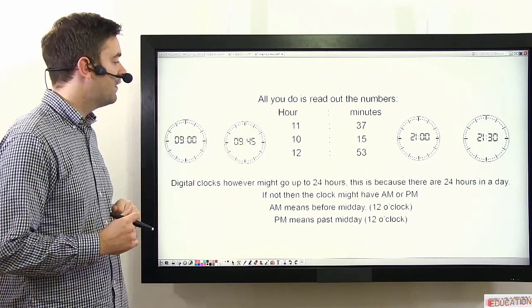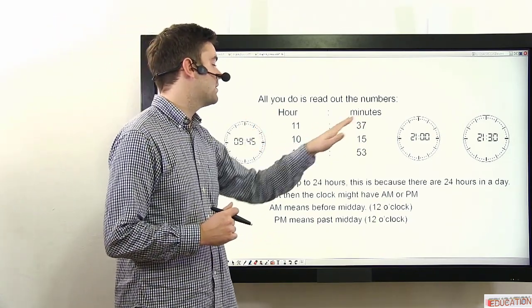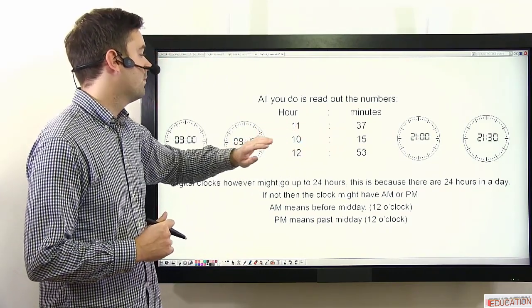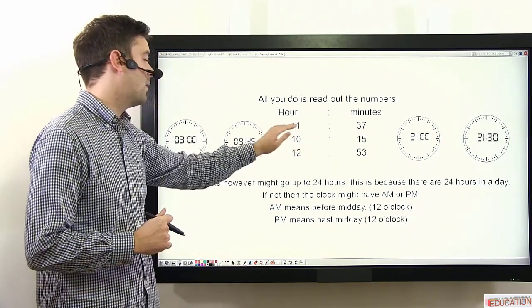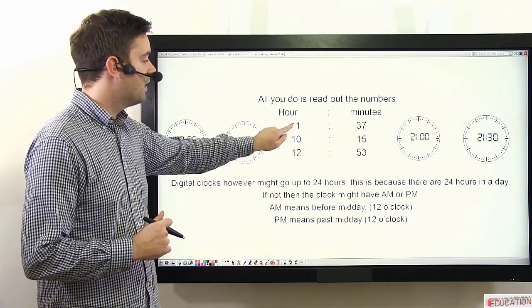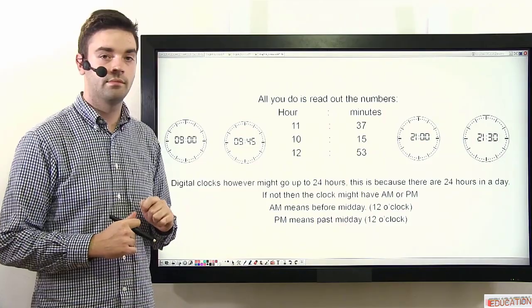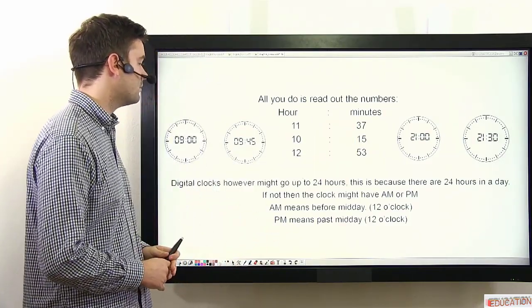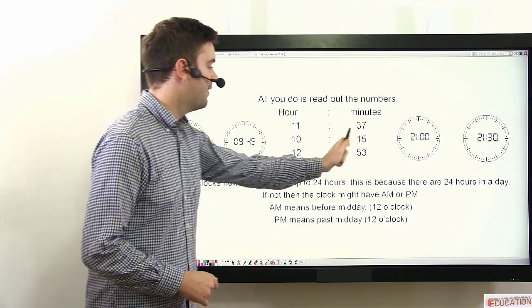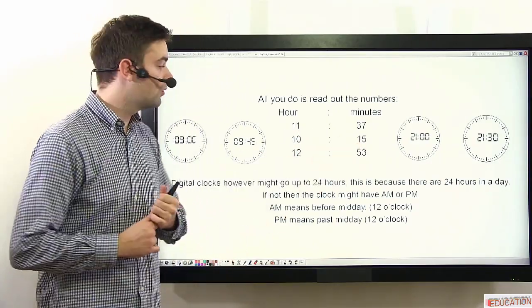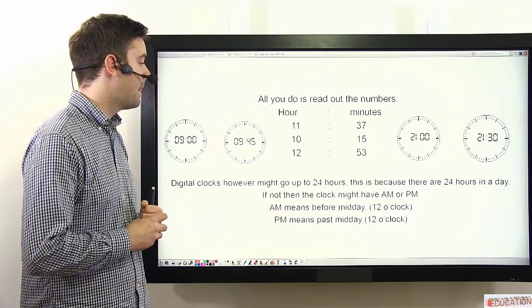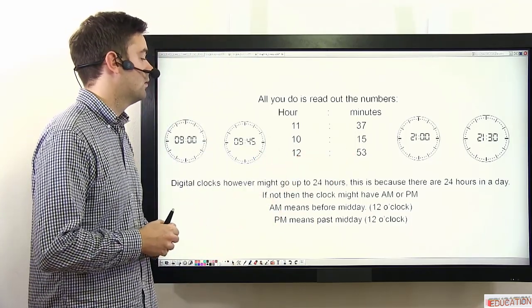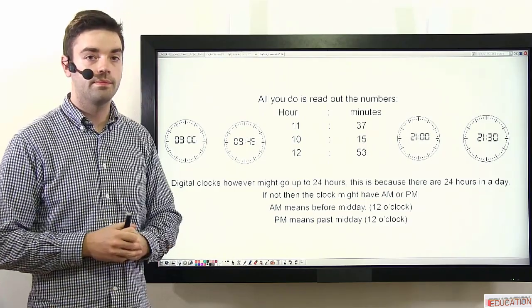For example, if it's 23 minutes to 12, all we'd have to say is 11:37. This one, 10:15, or quarter past 10. 12:53, or 7 minutes to 1.